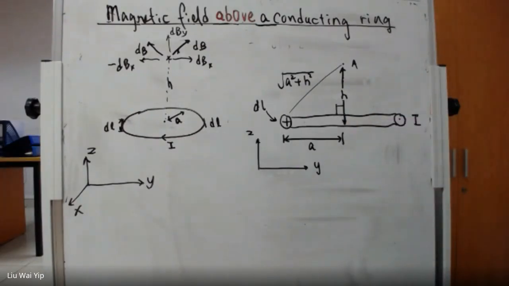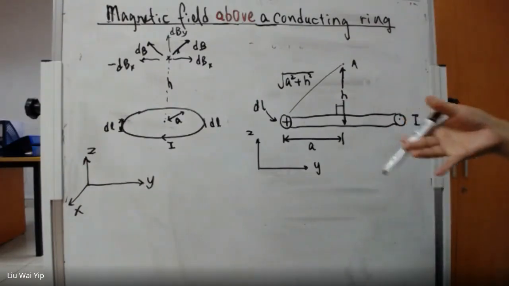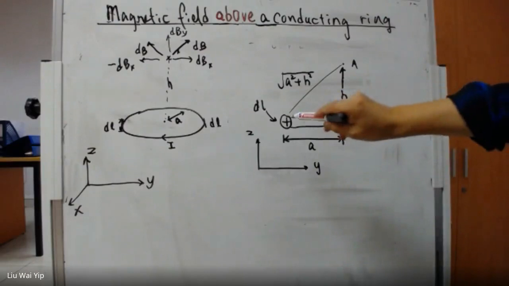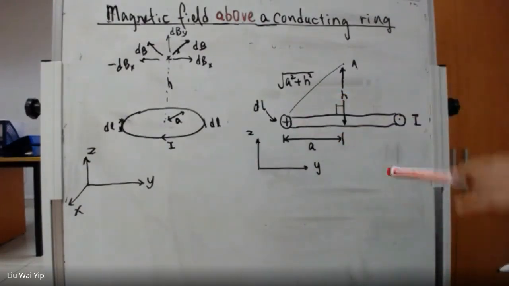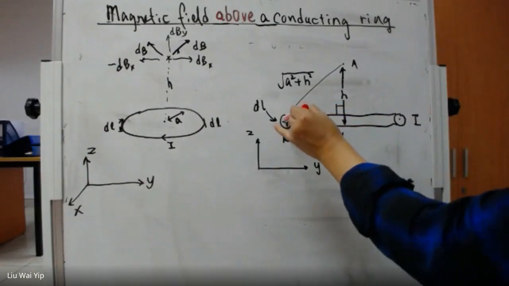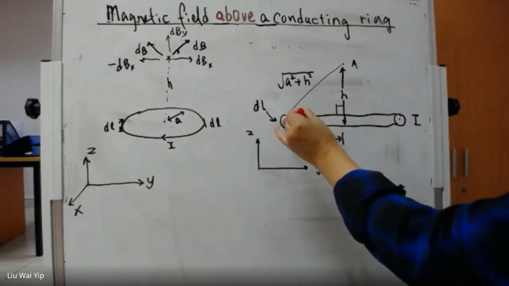And how are we going to get the magnetic field? First of all, on the right side, delta L is essentially a segment like this.